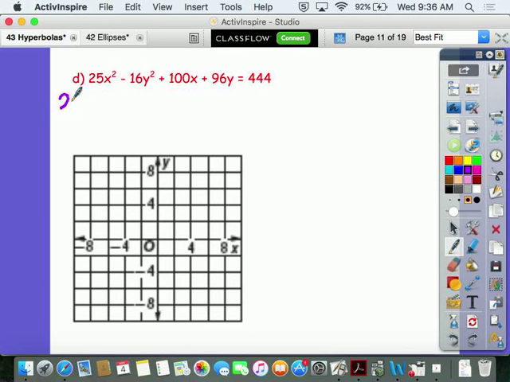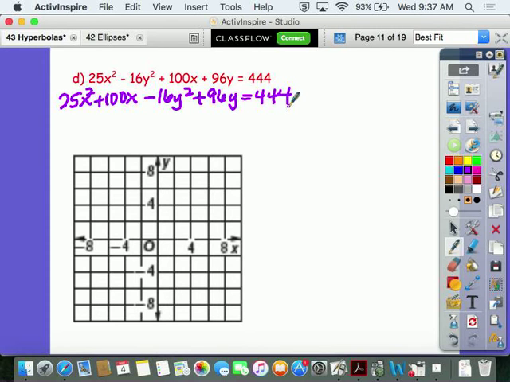So we're gonna group our x's, just like before. Group our y's. As you see, the y is the negative. And already, if your coefficients are different signs, one's a positive, one's a negative, you already know automatically it's a hyperbola, and since the y is negative, you know that it's going to open left or right.